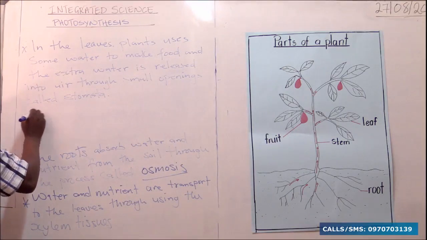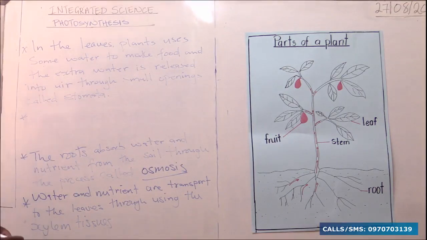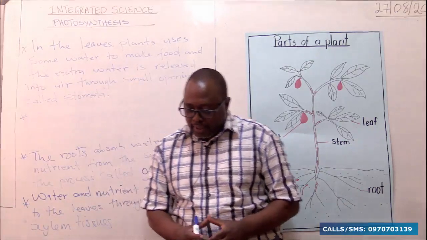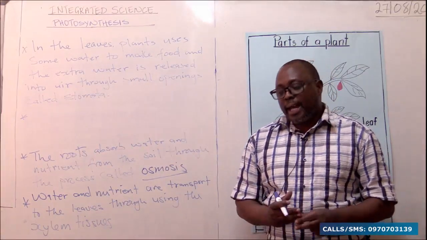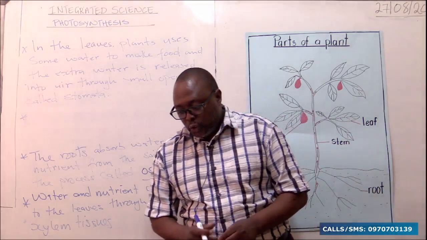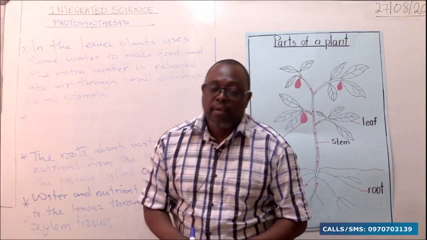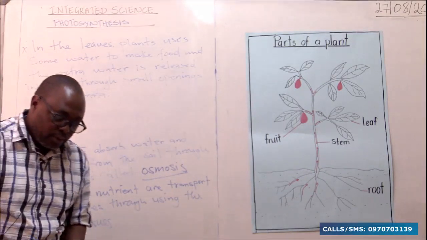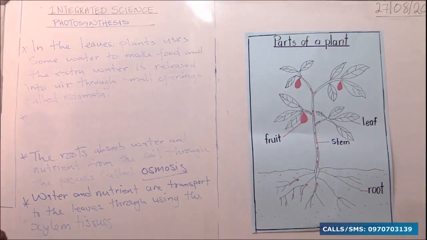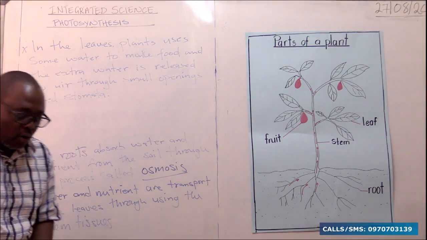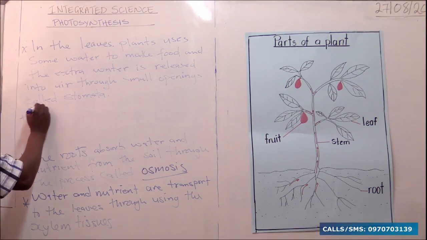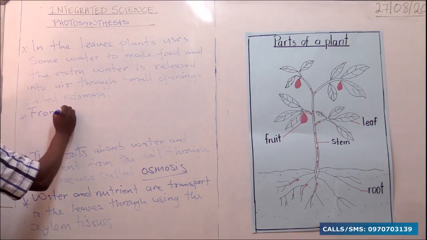Then the next point we're going to look at is this: from the leaves, the food and water are transported to the rest of the plant through the tube-like vessels called phloem. Okay, so just write something.